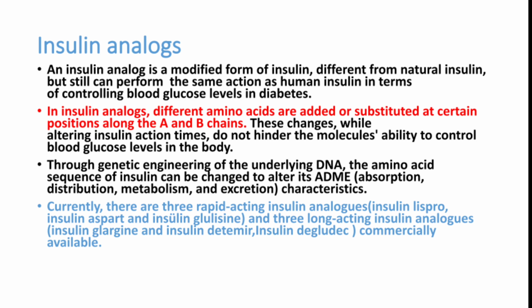Other insulin like regular insulin will be human insulin or bovine insulin or some other insulin which is originated from other types of animals. The problem with animal insulin or human insulin, there will be high chance of antibody production due to long-term usage of this insulin.